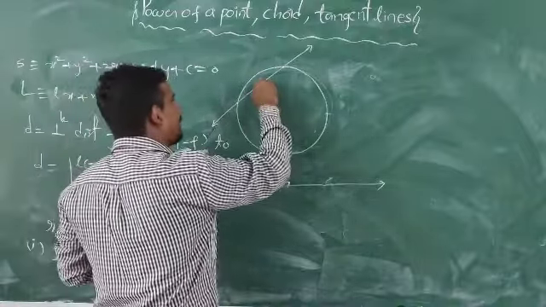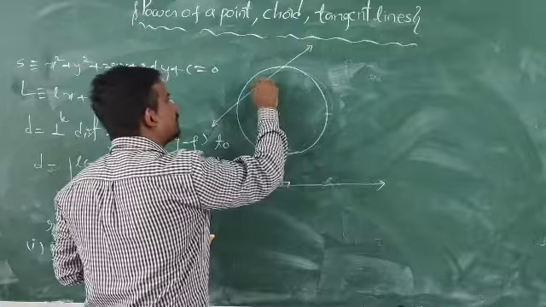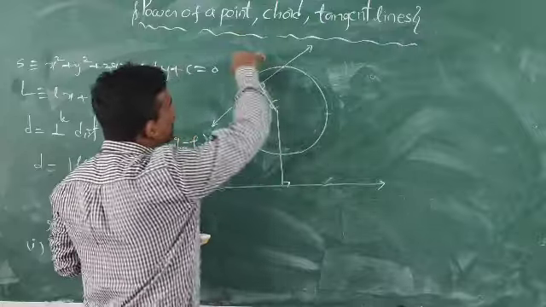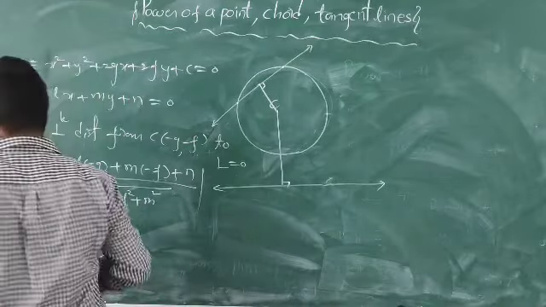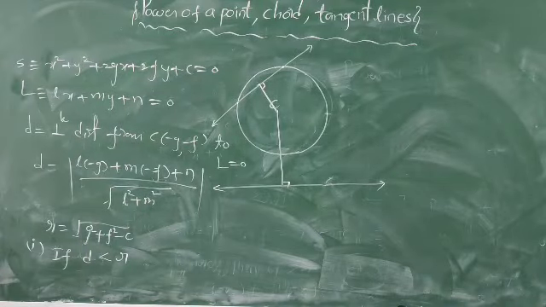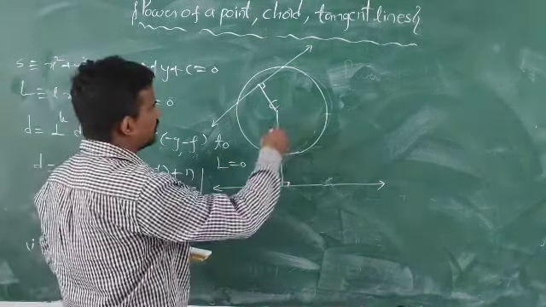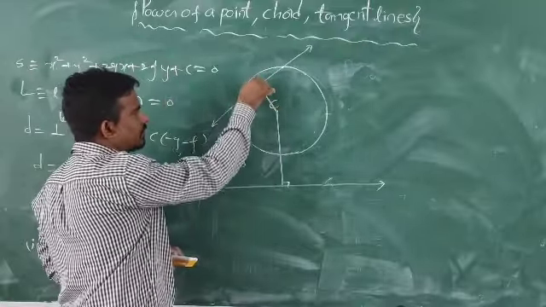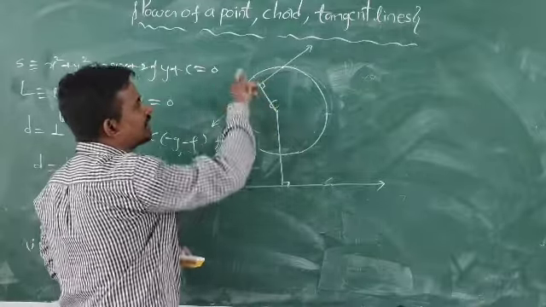If you find the shortest distance from the center to the line, it is perpendicular to the midpoint, and it is less than the radius. The radius is up to here, from center to circumference, and the distance from the straight line to the center is less than the radius.